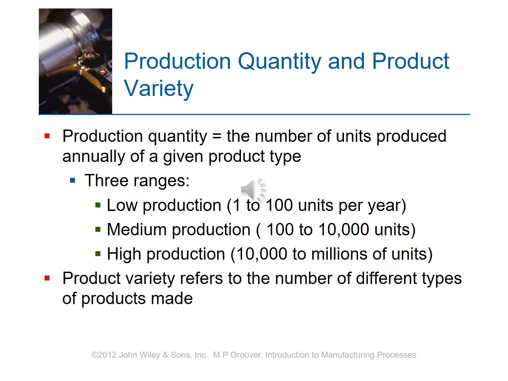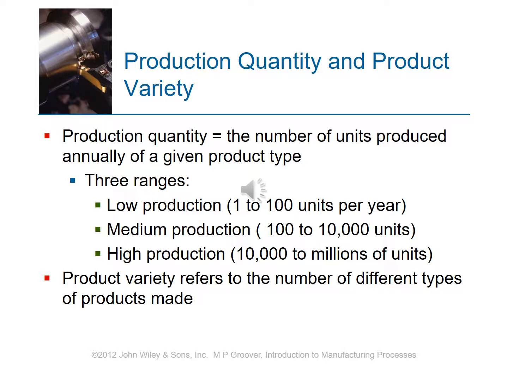The quantity can vary tremendously, and the variety can vary tremendously. If you're talking about quantities, how much do you produce of a given type? For a commodity item, I think an average beer line will make 1,200 bottles of beer in a minute, right? Or you can get low production.